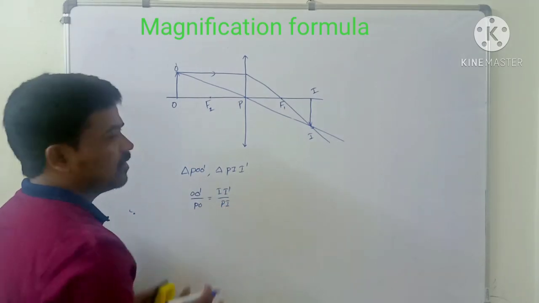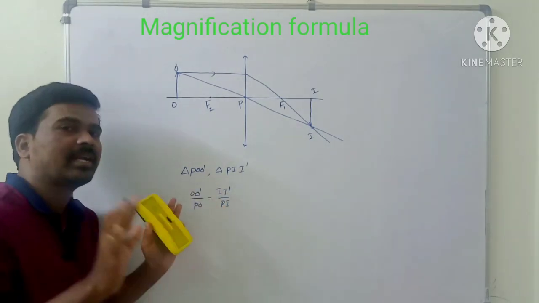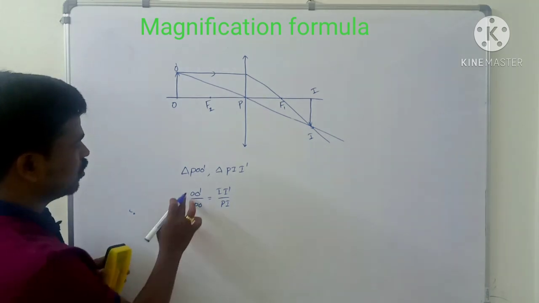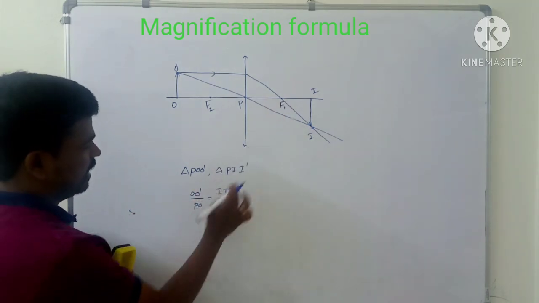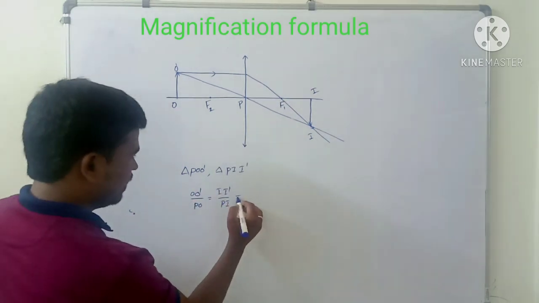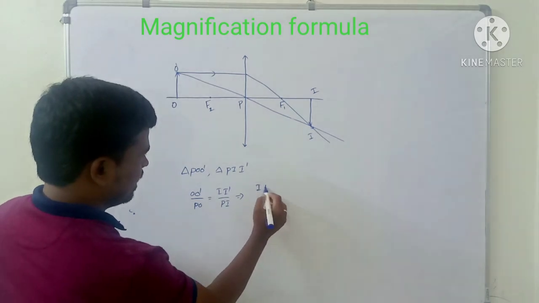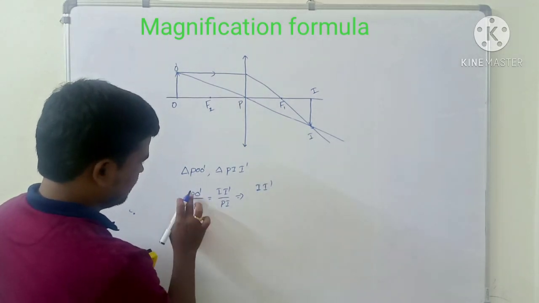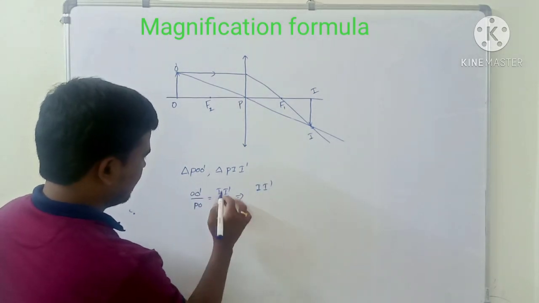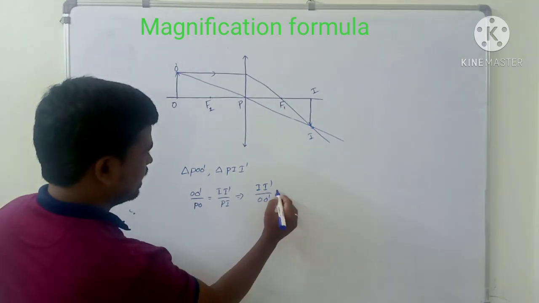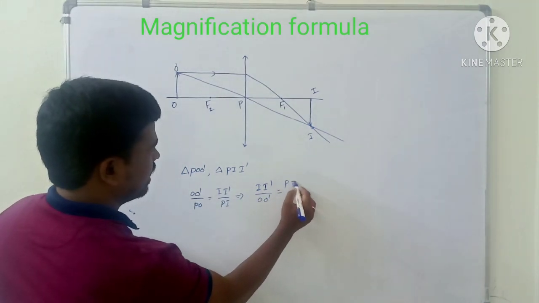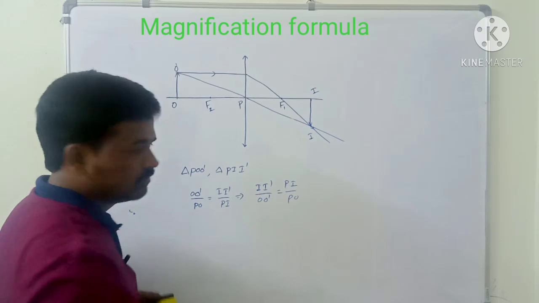You have to write this formula. By this we can easily get the magnification formula. Rearranging, I dash by O dash is equal to PI by PO.